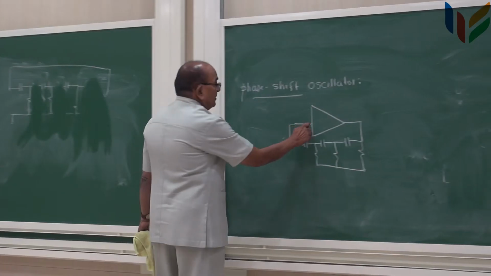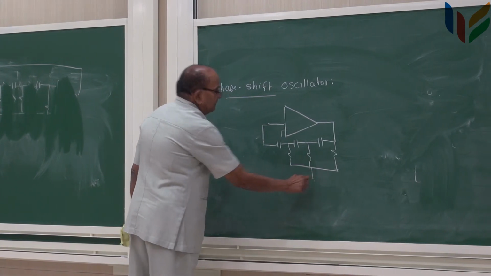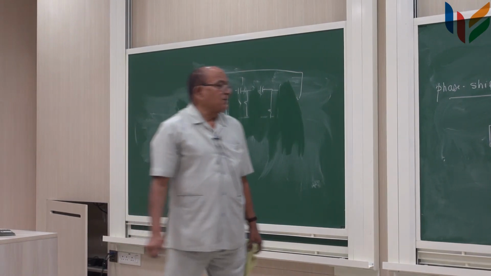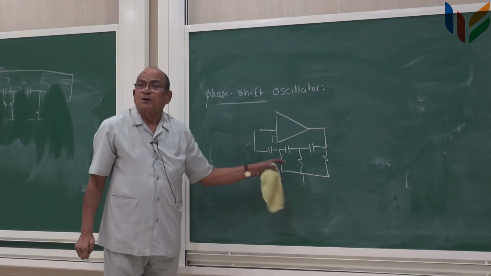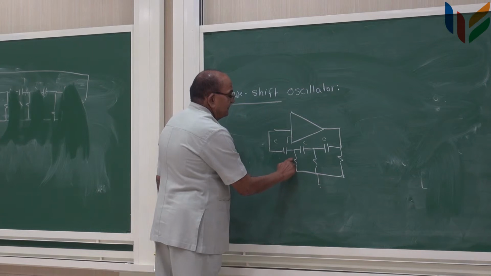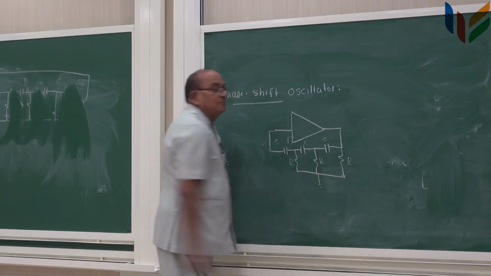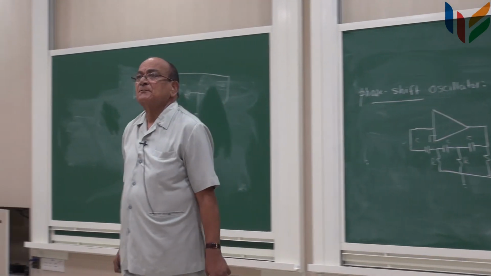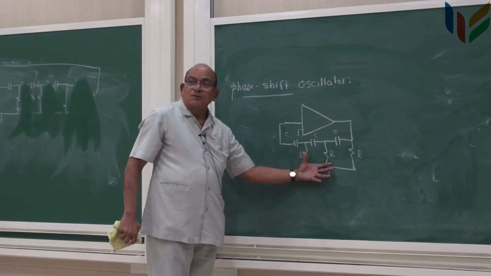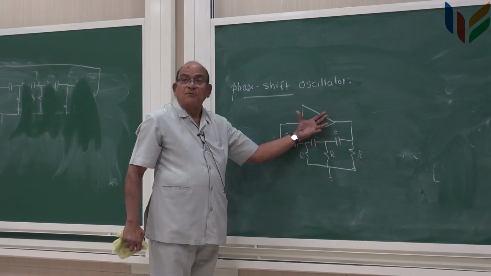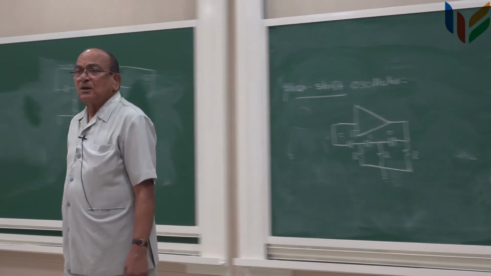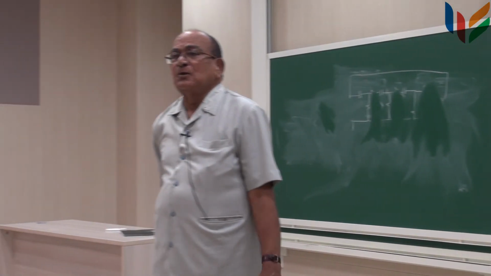The negative is the other terminal, which is grounded. Although it is not necessary to have all these resistors in the same value, it is easier to make all of them the same value. So the 180 degrees is obtained from this network and 180 is obtained from the amplifier here, so that the loop has a total phase shift of 360 degrees. So the condition of zero angle is satisfied.